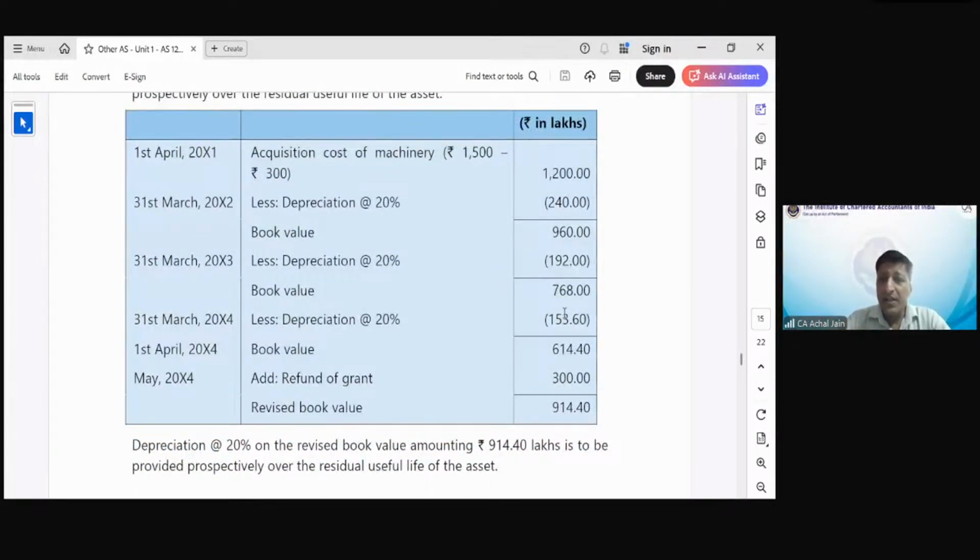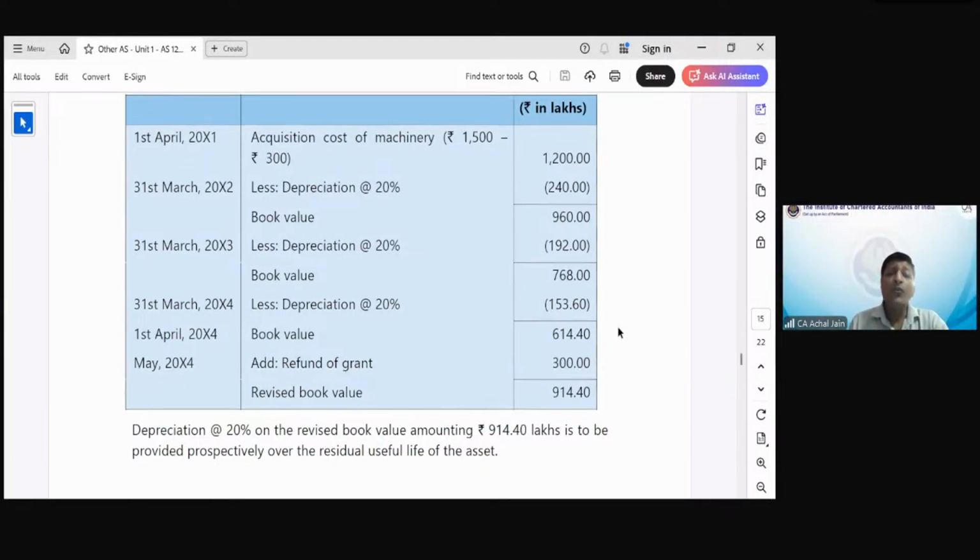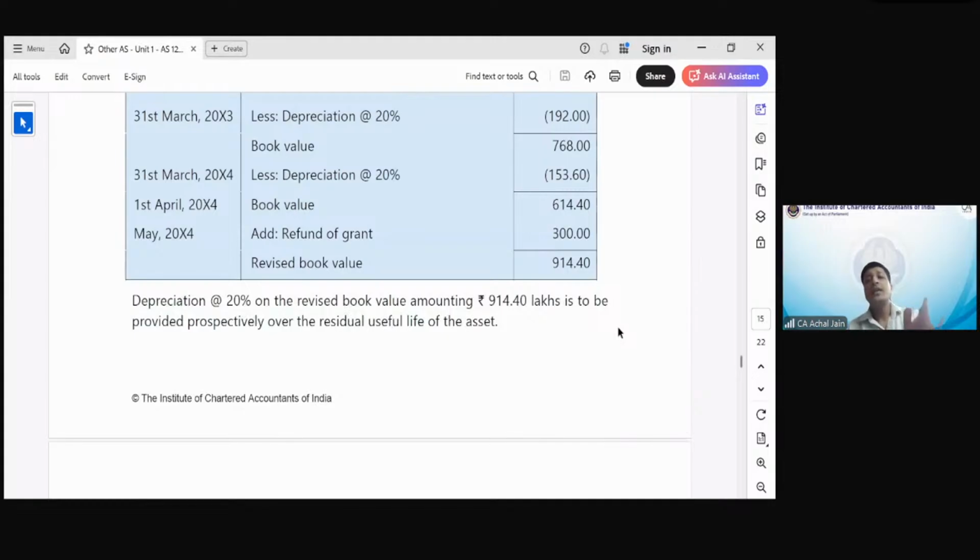Then 768 again you depreciate, you get 614.40. So that is where you get the refund. So if you get the refund, you increase the value by 300. Okay. Now on a go forward basis, what will you do? 914.40 will be depreciated at the 20% using WDV method. Right? Using WDV method. Clear? Yeah. So it's very much on the same principles that we have discussed so far.